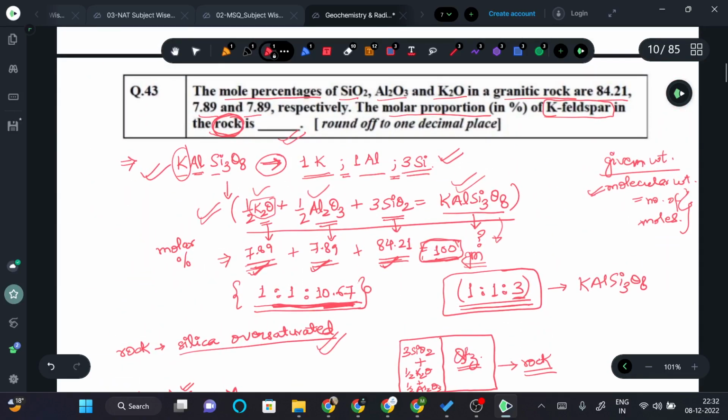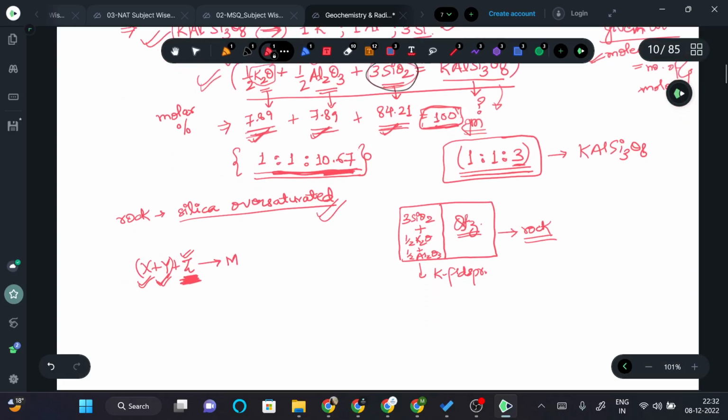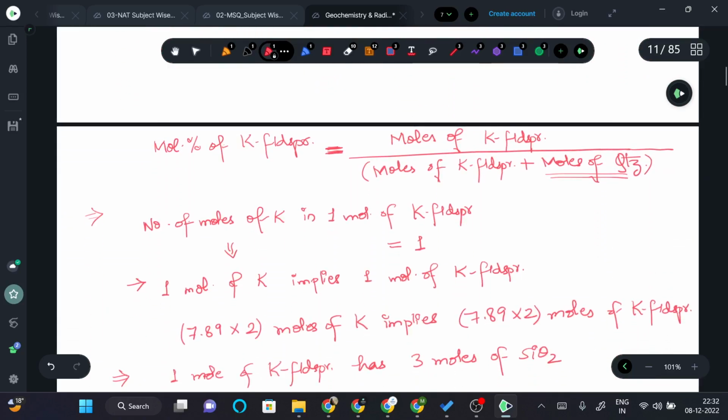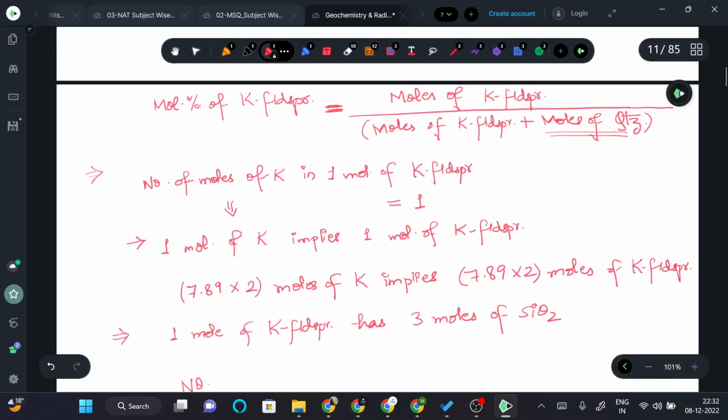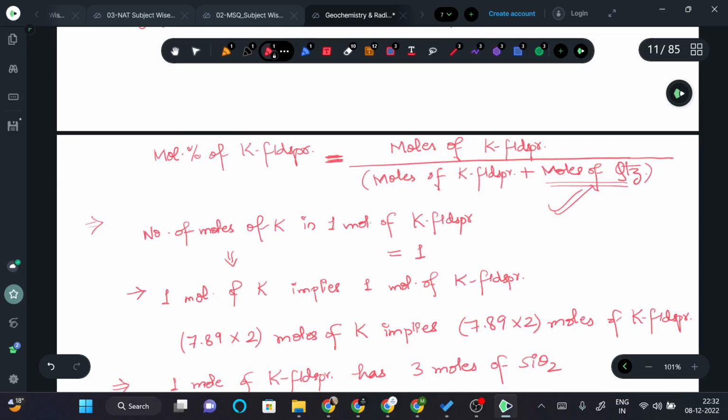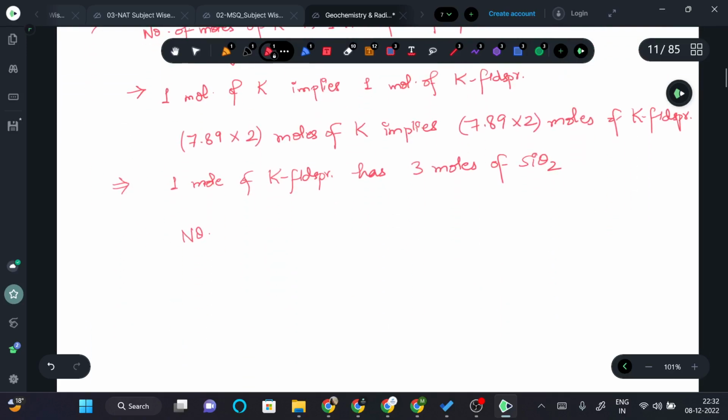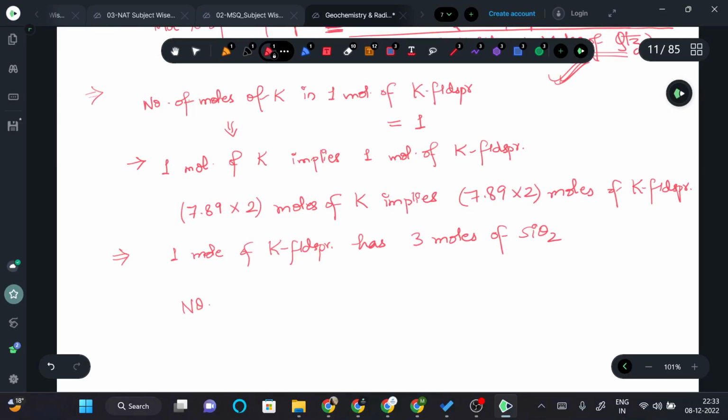Here you can see 3 moles of SiO2 is there for 1 mole of K feldspar. So the number of moles of SiO2, or number of moles of quartz. Why are we calculating this? Because we need it here, moles of quartz, right? So that is why we are connecting all these dots to get there.